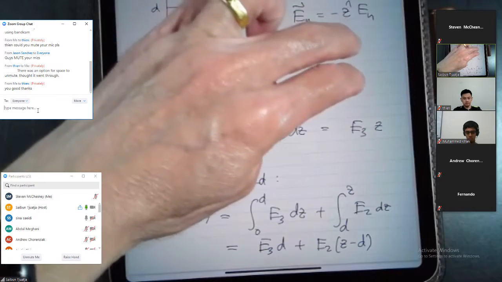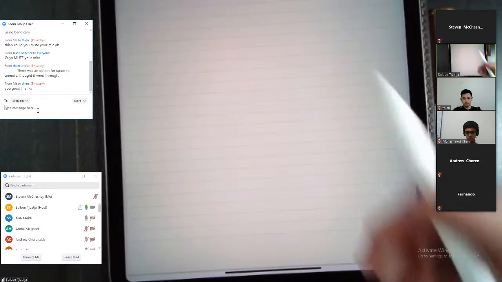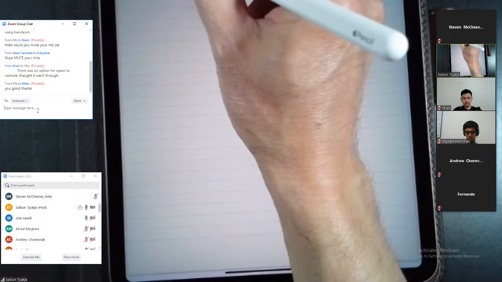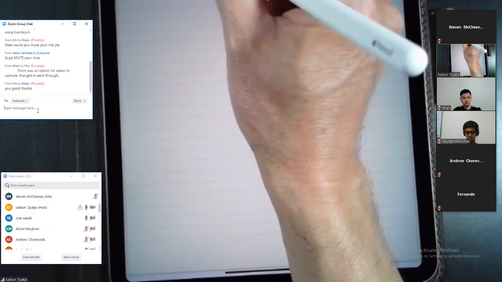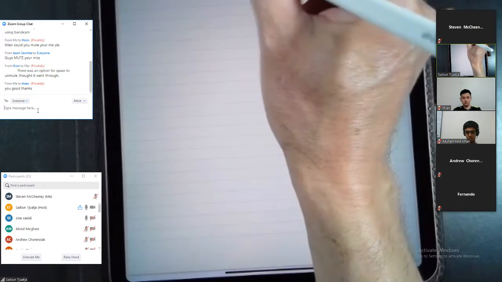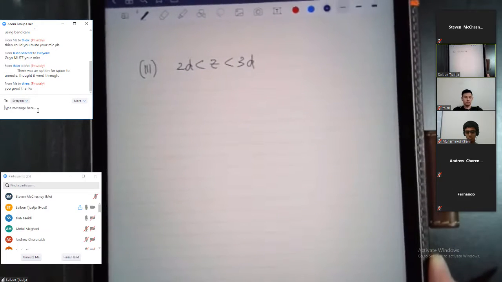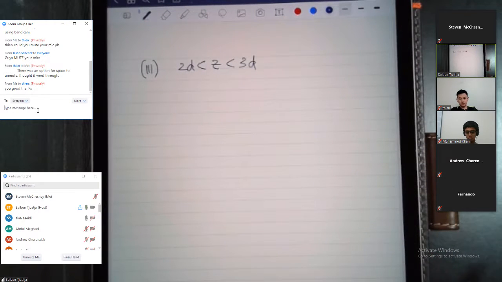So now, how about the other region? The region number 3, when z is between 2d and 3d. Now in this case, what do we have?